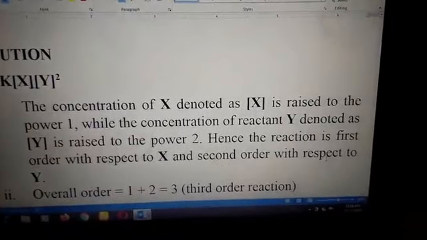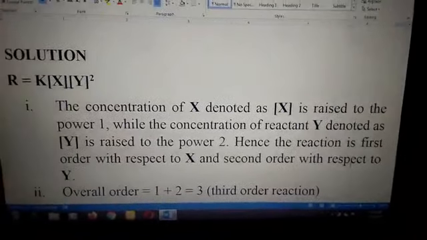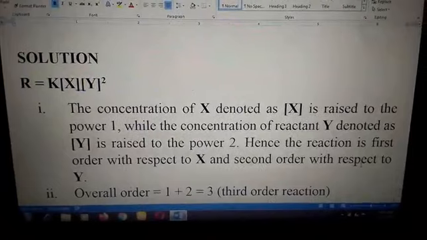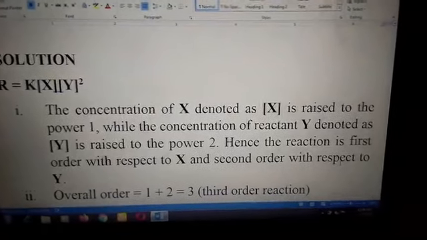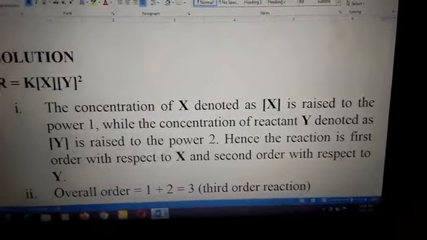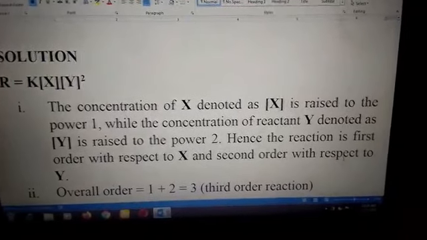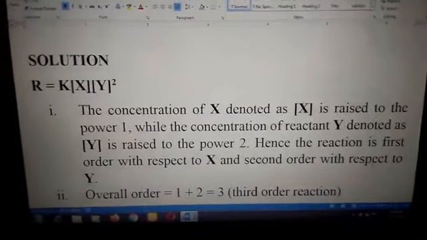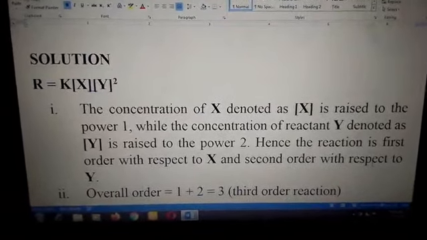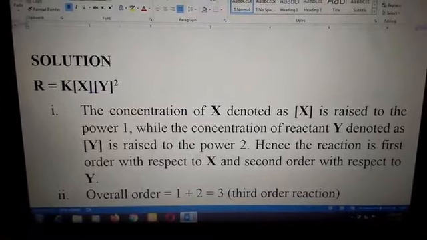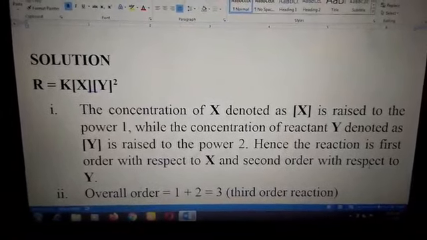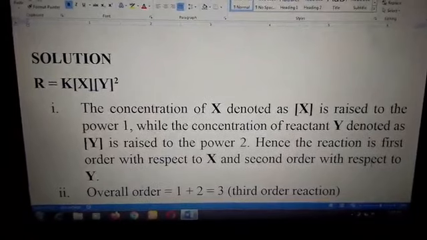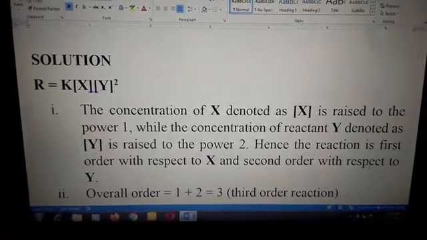While the concentration of Y, denoted as square bracket Y square bracket, is raised to power 2. And the reaction is first order with respect to S and second order with respect to Y. So the answer for S, the order is 1 because S is raised to power 1. And for Y, the order of reaction with respect to Y is 2 because Y is raised to power 2.